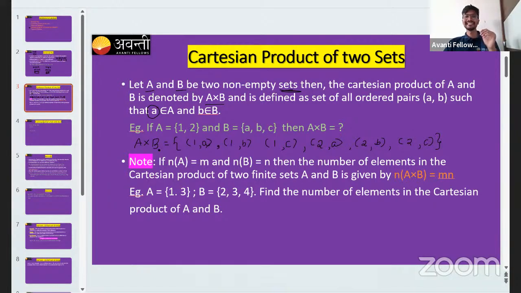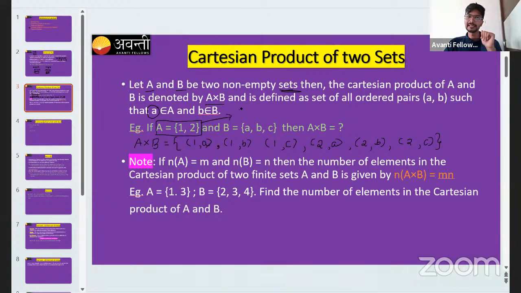So this is a set. A cross B is a set of all ordered pairs: 1 comma a, 1 comma b, 1 comma c, 2 comma a, 2 comma b, 2 comma c. Now, if someone asks you, what are the number of elements in this set of ordered pairs? Let me ask you a very simple question. In set A, how many elements are present?